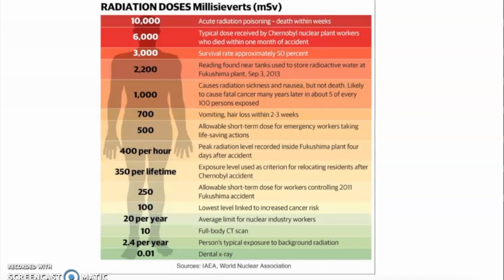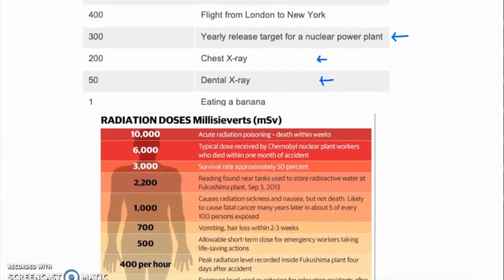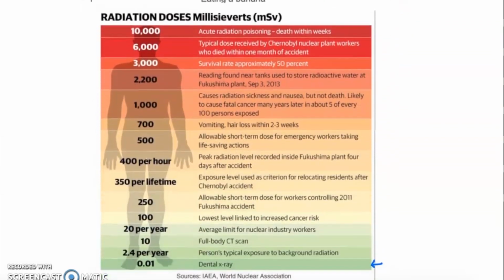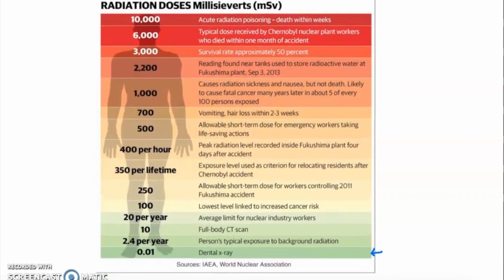For example, we see our dental X-ray down here, 0.01 millisievert. And remember, that's about 50 bananas worth, to give you an idea of what a millisievert is. So looking at short-term dosage, that's emergency status, 500 millisieverts, vomiting and hair loss within 2 to 3 weeks, you can really get into some very, very dangerous zones.